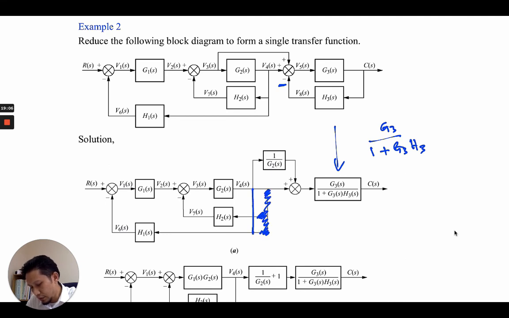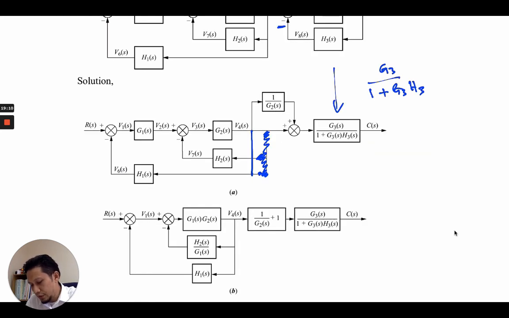Okay, so what we have here is a summing junction, so it becomes here. So we have 1 over G2 plus, this is actually 1 if there is a signal there without any subsystem, so we can assume that there is a unity signal there, so it is equal to 1. So that's why we have 1 over G2 plus 1.